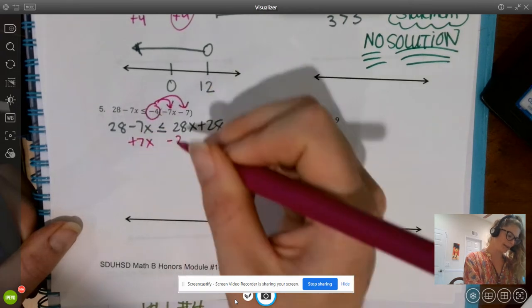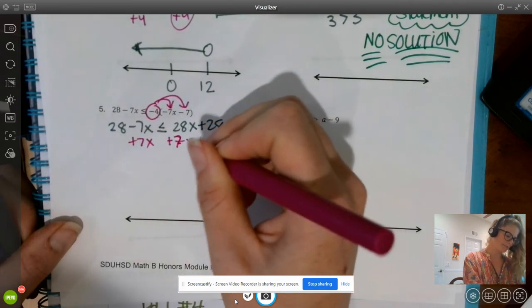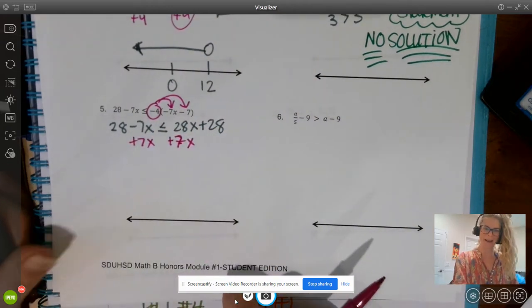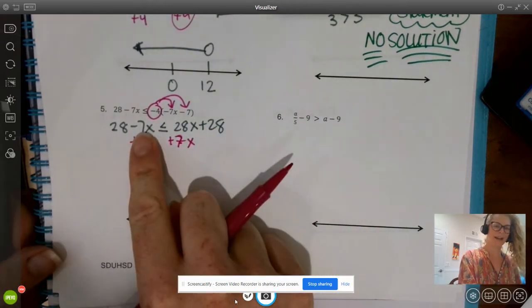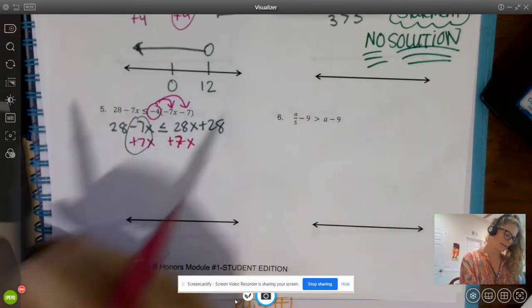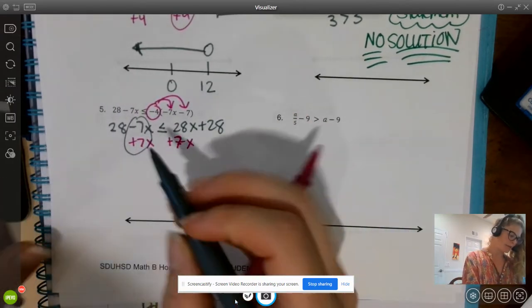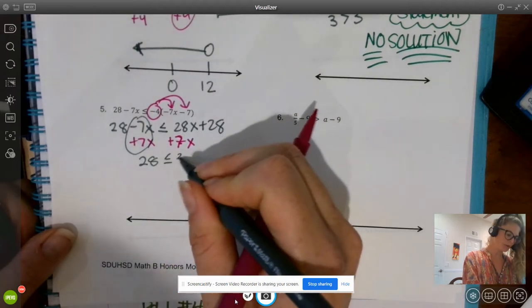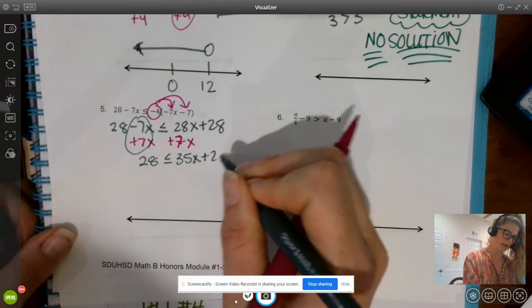Add 7x to both sides. Got kind of fooled with all these 28s. So negative 7x is the smaller variable, so I'm going to add 7x to both sides, making this a 0 pair. And from here, we have 28 is less than or equal to 35x plus 28.